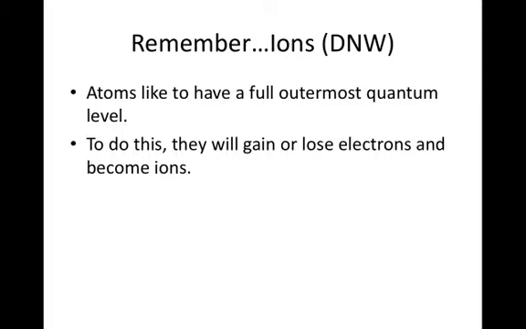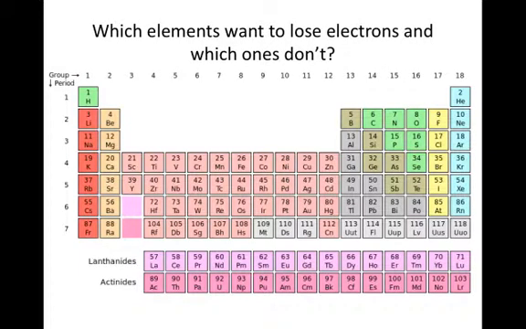Okay, now remember, with ions, atoms like to have a full outermost quantum level, and to do this they will gain or lose electrons and become ions. Well, which elements do you think will have the lower ionization energy, meaning it is easier to remove an electron? Okay, that's what we're going to talk about in just a second.